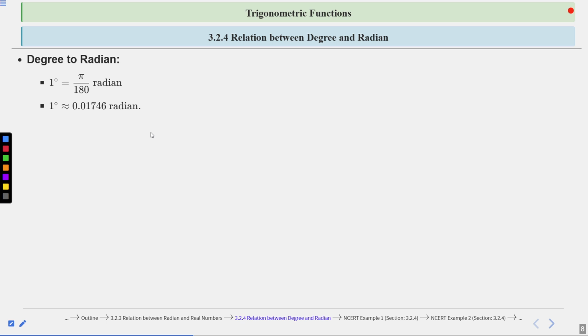Okay. And we have seen what 1 radian equals and what 1 degree equals. Then now you can find any radian equals to degree or any degree equals to radian. Clear?